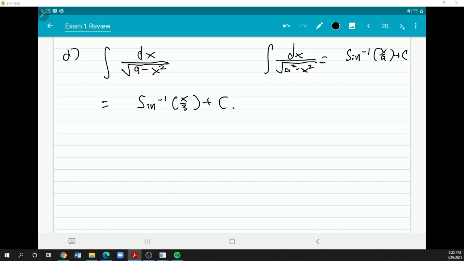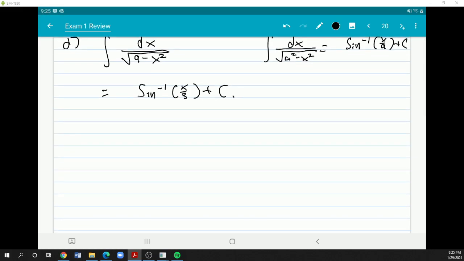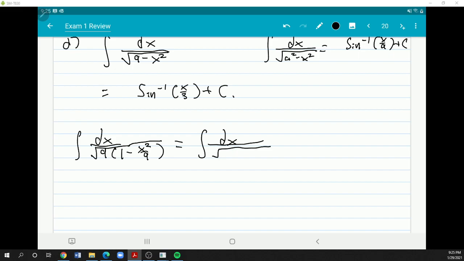So that's the formula. If you don't remember that or you didn't write it down, you're not stuck. We can still do this integral, right? We would turn this into the integral dx over square root of 9 times 1 minus x squared over 9, which would be the integral dx over the square root of 9, which is 3, times square root 1 minus x over 3 squared.